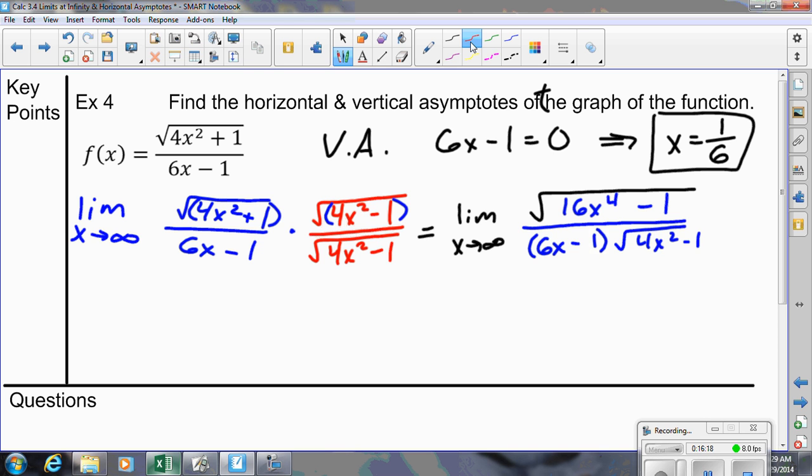All this minus 1 is doing is shifting it down 1. So if you're getting really, really far out to the infinities, very intuitively, we're saying that's basically 16x to the fourth, because out near infinity, they're really not that much different.